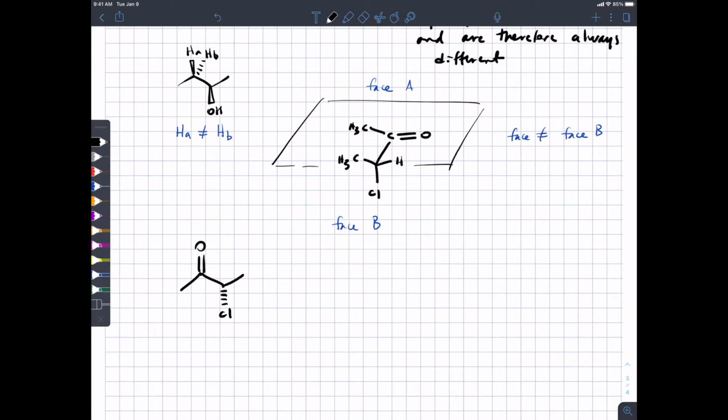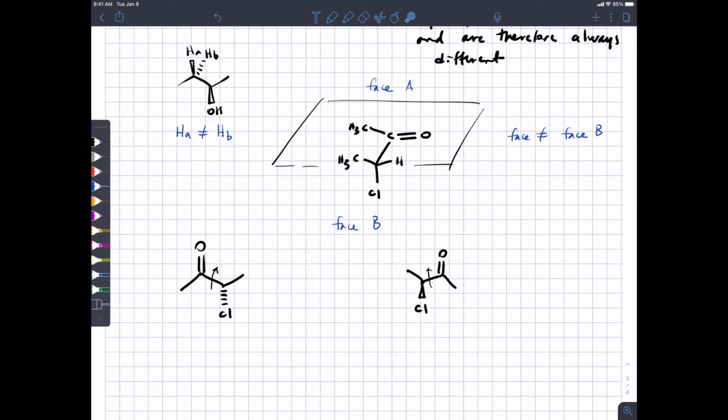Okay? And if I were to approach from face B, the chloro group is coming towards me. Right? Those are two different situations. And frankly, it doesn't matter how much I rotate around this carbon-carbon bond. I can never get exactly the same situation, right?